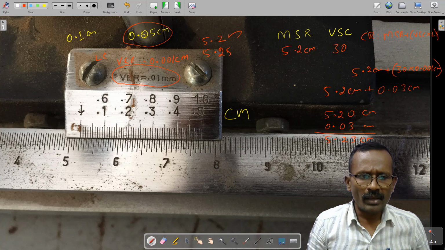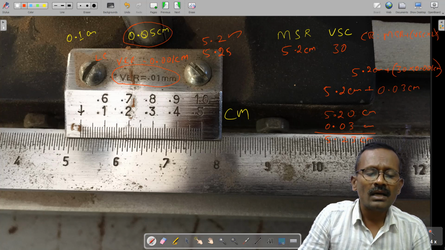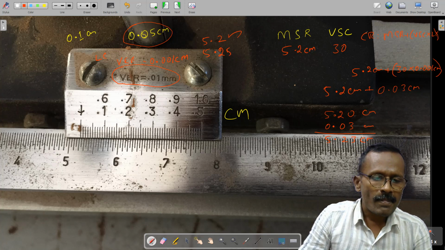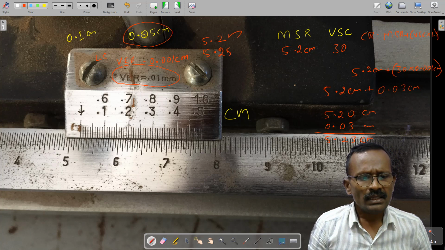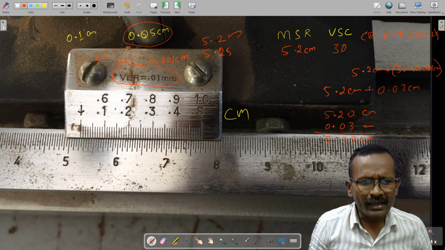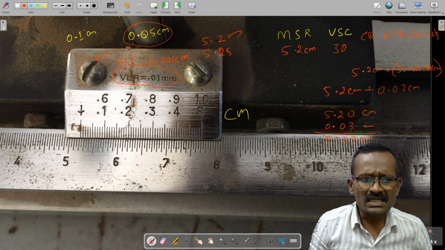Now I am going to give the answer for that question. Now you listen. This arrow didn't cross this 0.05 division.